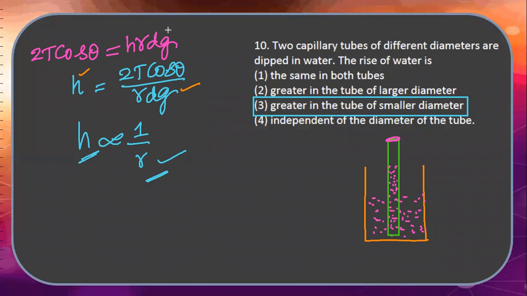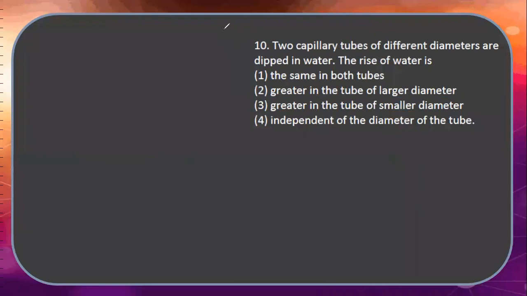If the diameter of the pipe is more, then the rise is less. So for the smaller diameter of the pipe, greater rise of the liquid will be there.